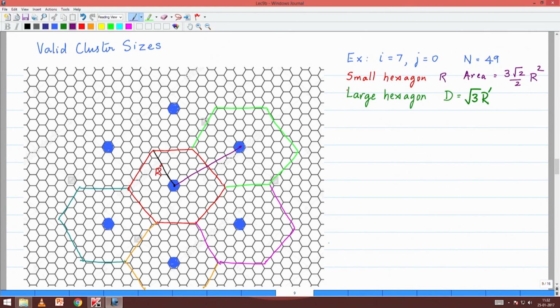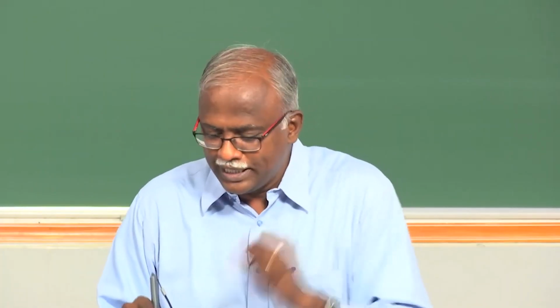Now, R dash is the radius of the larger, sort of invisible hexagon, that's the one that I'm trying to use to estimate the cluster size. So, given that it has to be a pattern of 6 and it's got roughly a hexagonal shape, I'm assuming that this is the area.